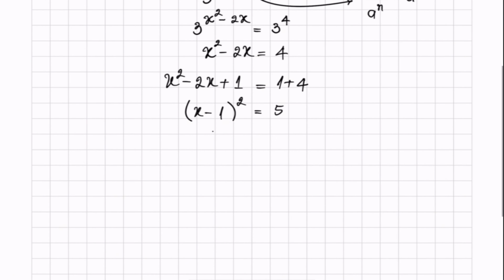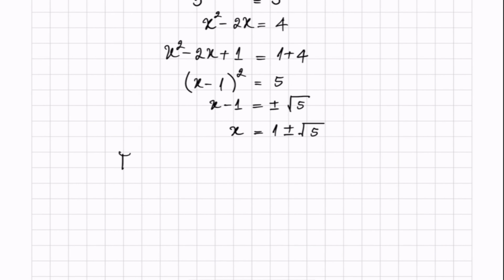And then square root both sides of the equation, we got x minus 1 plus and minus square root of 5. And then x equal to 1 plus or minus square root of 5. Okay, so the answer is x equal to 1 plus or minus square root of 5.